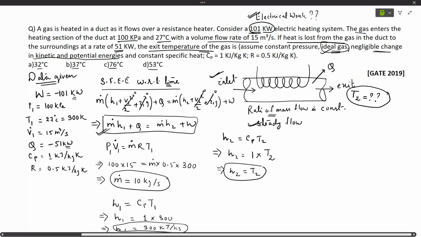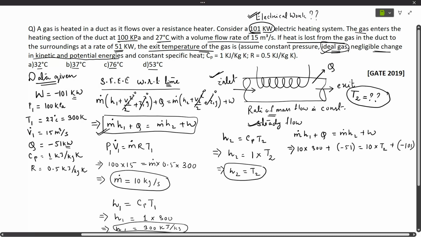Now let us consider the steady flow energy equation again: m dot h1 plus Q equal to m dot h2 plus W. That implies in place of m dot we substitute 10, h1 as 300, plus Q as minus 51, equal to 10 into h2 as T2, plus W as minus 101.